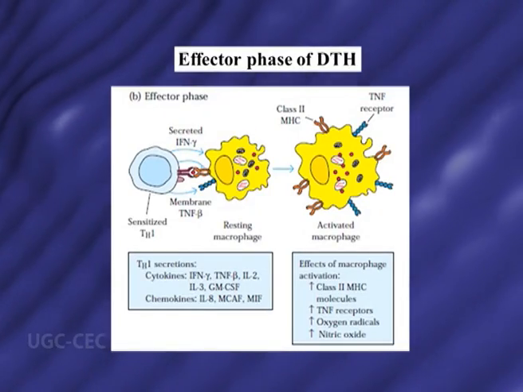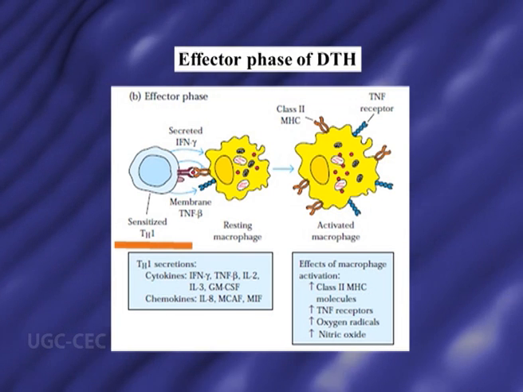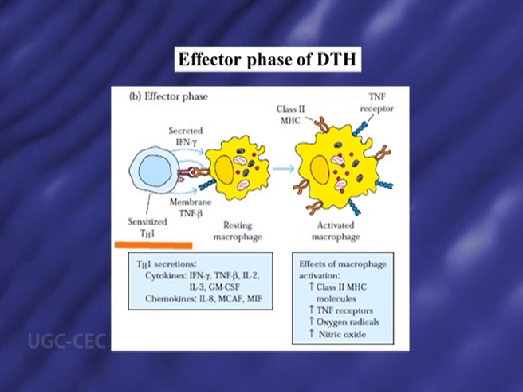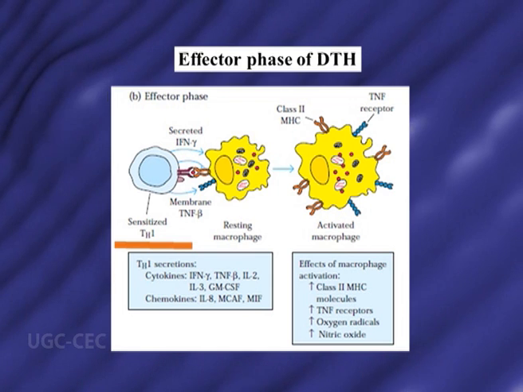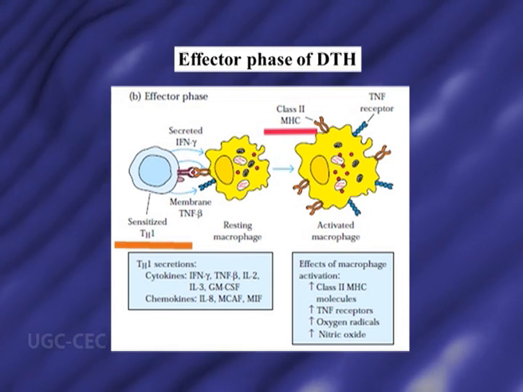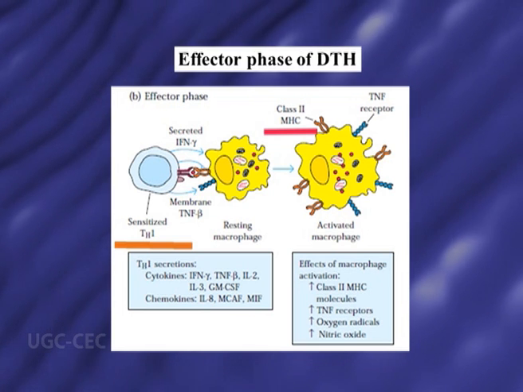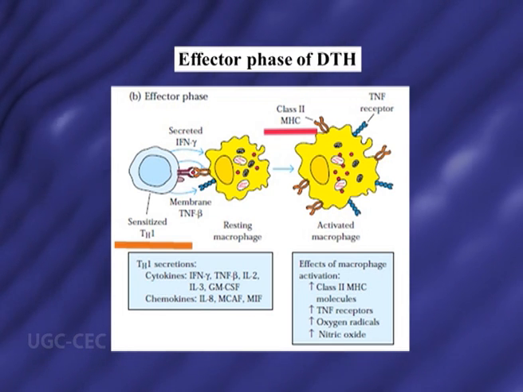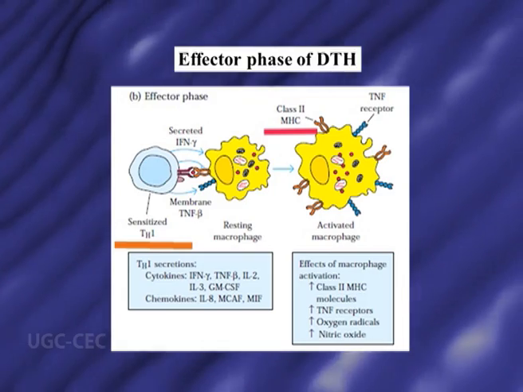Now, next time the same virus or bacterium enters the system, and the sensitized Th1 cell recognizes the same pathogen or same foreign peptide presented by class 2 MHC on the surface of the antigen presenting cell or on the macrophage, the sensitized Th1 cell will secrete a number of cytokines.